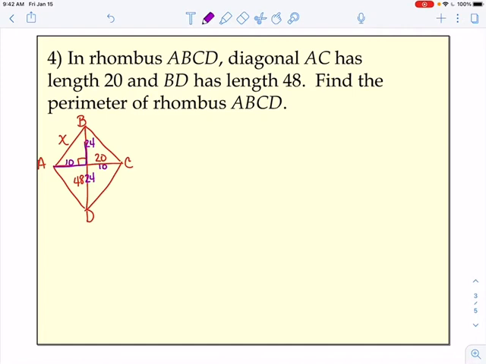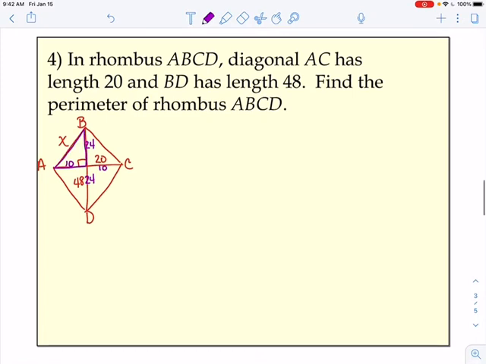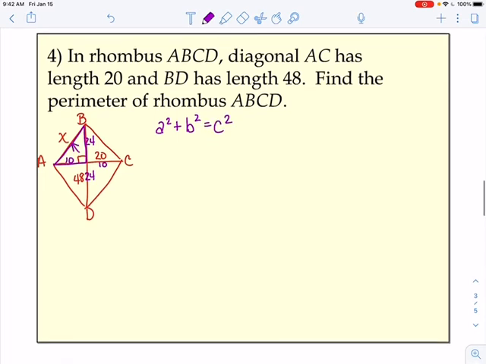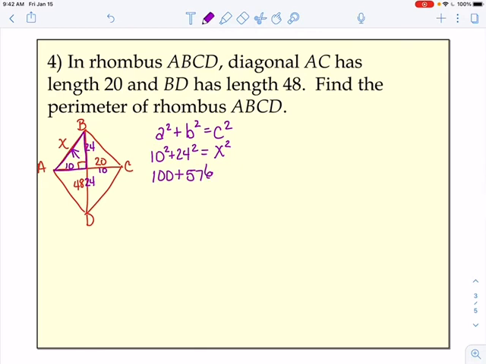And now I can just concentrate on that purple triangle and again use my Pythagorean theorem, a squared plus b squared equals c squared. My hypotenuse here is going to be my x squared, and then I'm going to have 10 squared plus 24 squared. 10 squared is 100. 24 squared is 576.